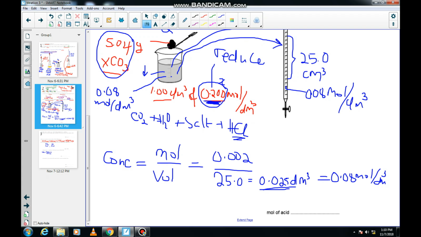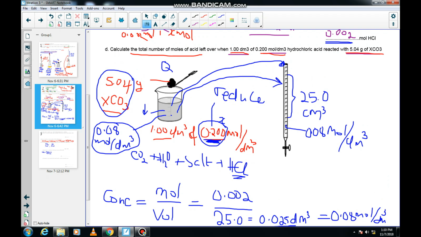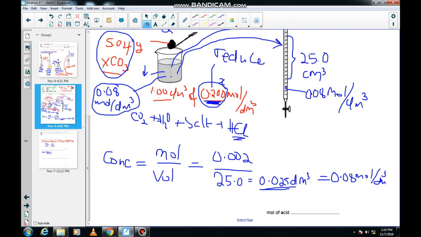Now we can use this concentration to find the number of moles, since we know the volume to be 1 decimeter cubed. Therefore, the number of moles is equal to the concentration, 0.08 moles per decimeter cubed, multiplied by the volume, which is 1 decimeter cubed, and the answer that we get is 0.08 moles.